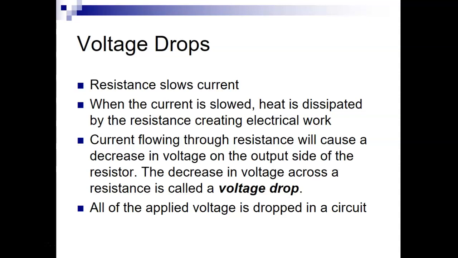So current flowing through resistance will cause a decrease in voltage on the output side of the resistor. If you have a single resistor, you don't see this very much because the voltage that goes in is the voltage that comes out. There is no breakdown. But when you have multiple resistors in series, that's when you see this a lot.